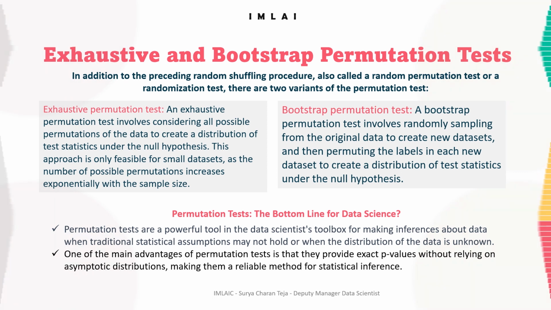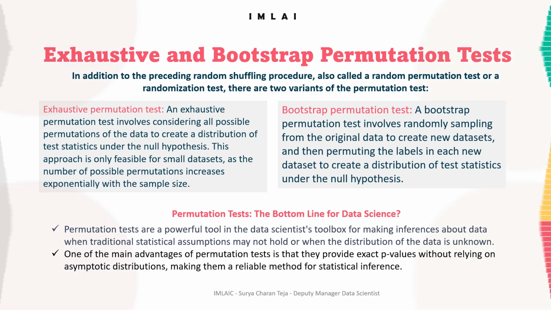One of the main advantages of permutation tests is that they provide exact p-values without relying on asymptotic distributions, making them a reliable method for statistical inference. They also allow for the use of any test statistic, making them flexible and adaptable to a wide range of research questions.